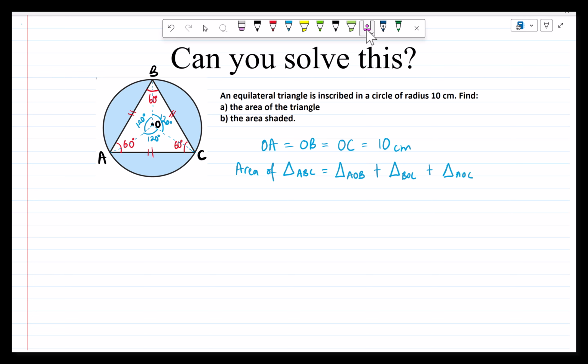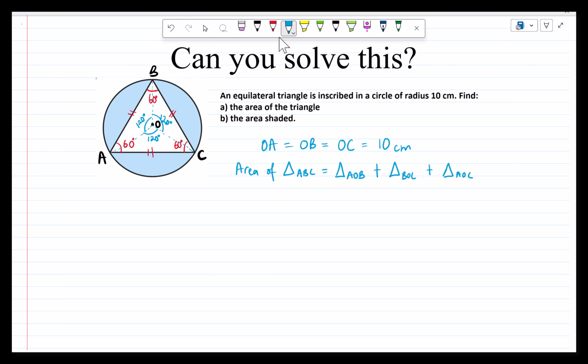I will show you these triangles we're talking about. The area of this triangle ABC is equal to the area of triangle AOB, plus triangle AOC, plus the last triangle BOC. That is how we're going to find the area of the triangle ABC.